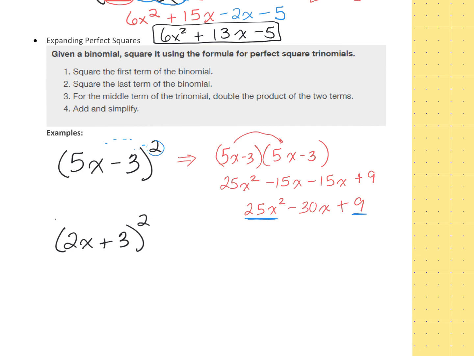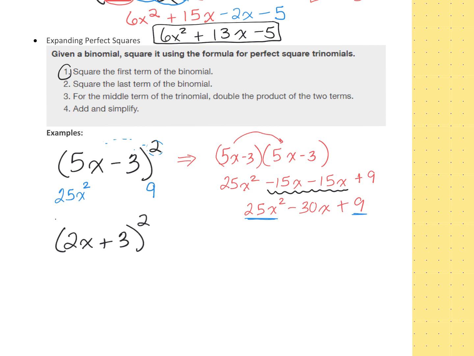However, we can make this a little bit nicer for us, because you'll notice that when we did this, we had a minus 15 and a minus 15. So what we can do, we'll follow these steps up here, is square the first term, 25x squared, square the last term, negative 3 times negative 3 is 9.